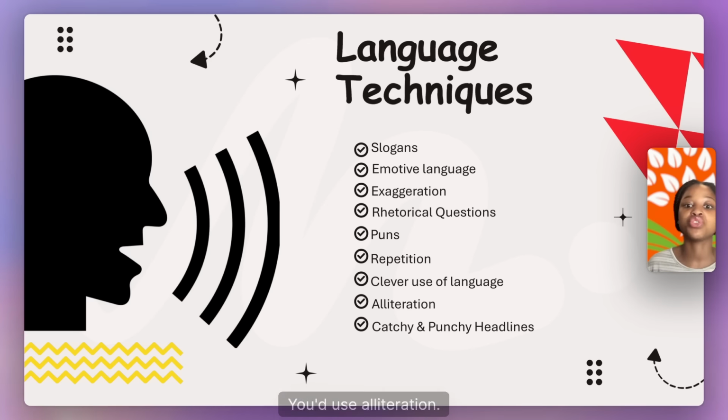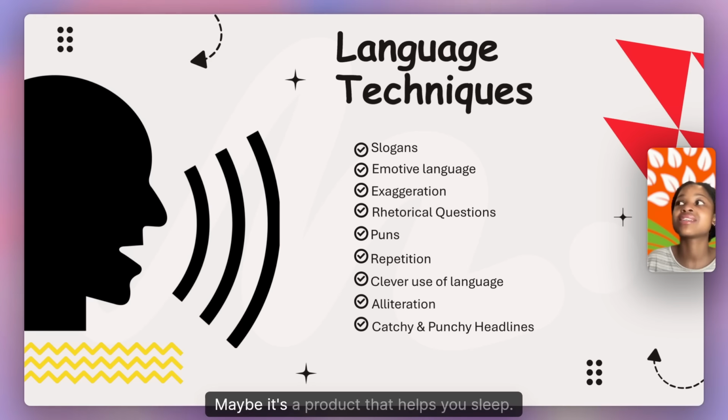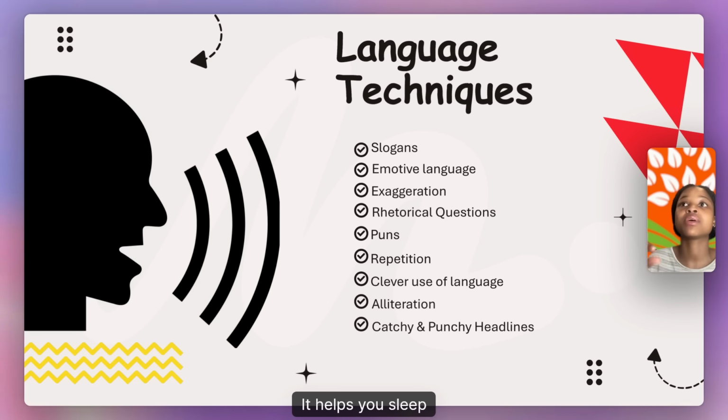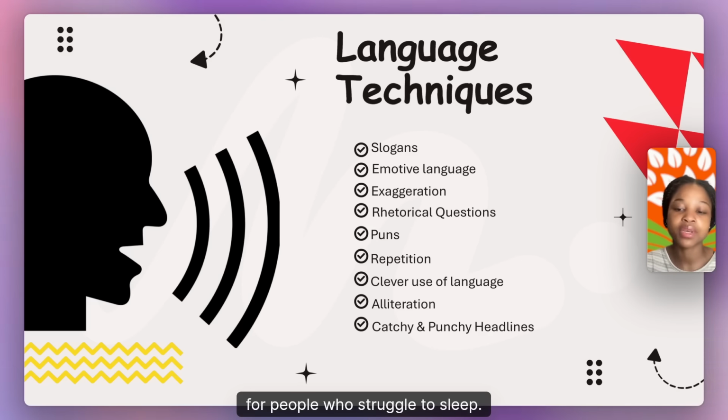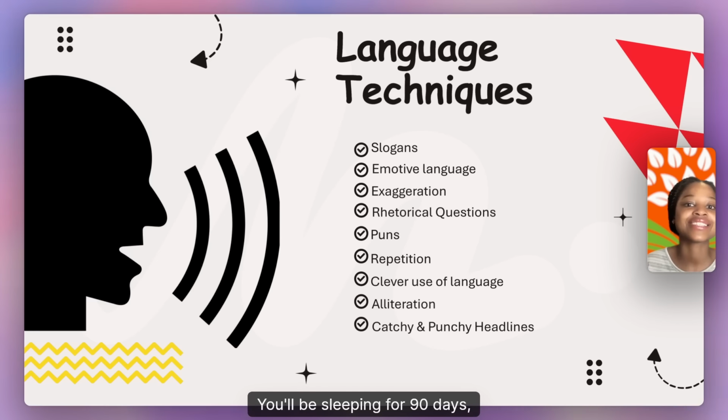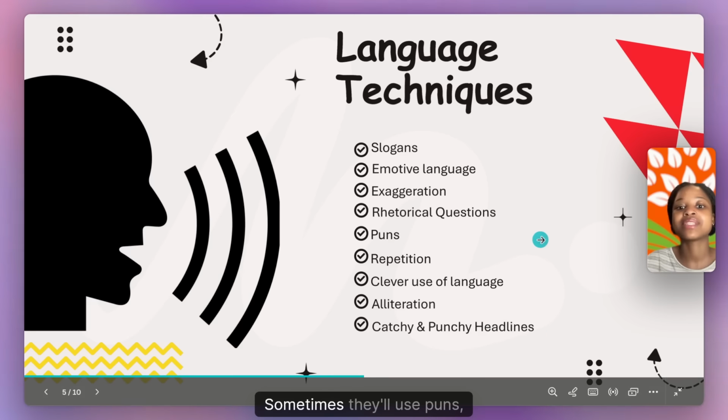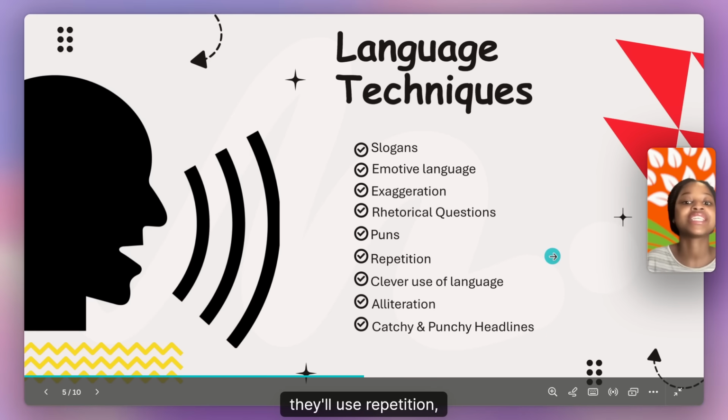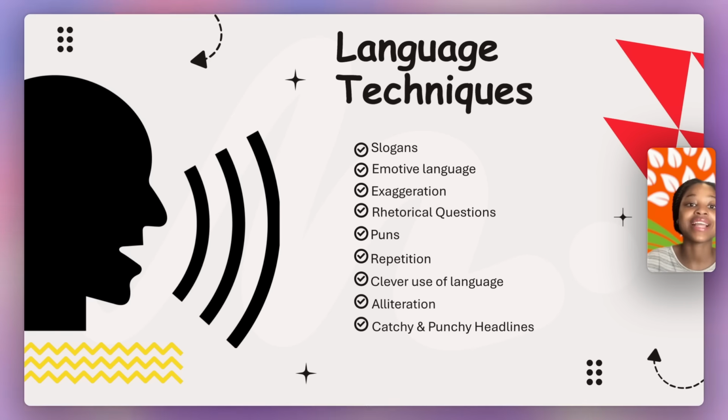You'd use alliteration, you'd exaggerate. You'd say, "Our product, maybe it's a product that helps you sleep, for people who struggle to sleep. You'll be sleeping for 90 days. You'll never stop sleeping." They're exaggerating, okay? Sometimes they'll use puns, they'll use repetition, alliteration, that kind of thing.